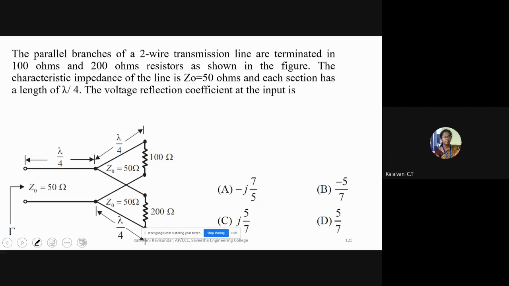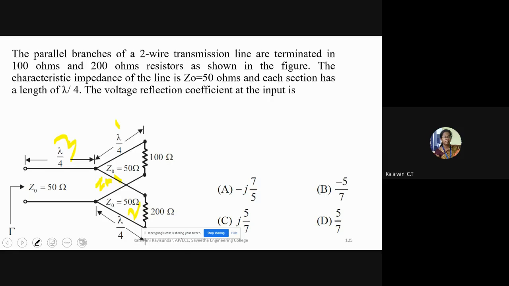So see this transmission line. Here we have 3 quarter wave lines: 1, 2 and 3. We will take for the first line the input impedance as Z in. So at this point we will take Z in 1, and here we will take Z in 2.